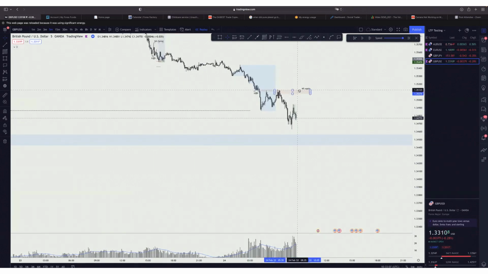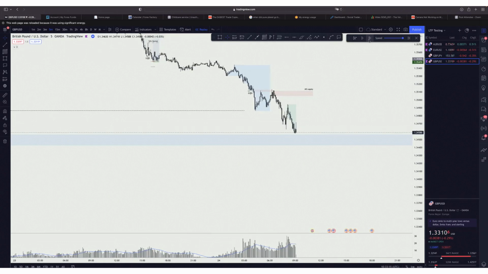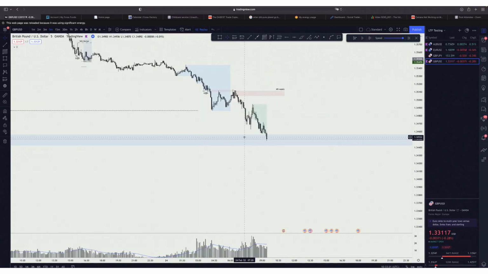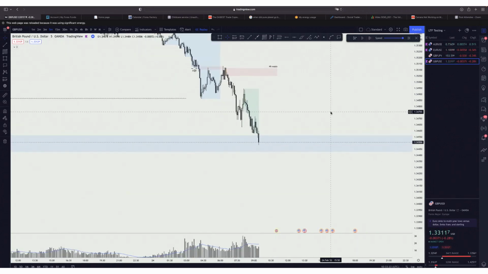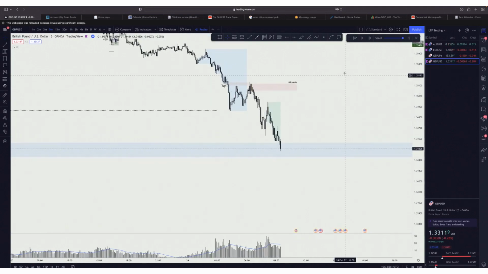So, do I have a 5-minute supply there? It is heavy. I can't remember which one because it just dropped off the face of the earth, didn't it? I can't remember which one held.